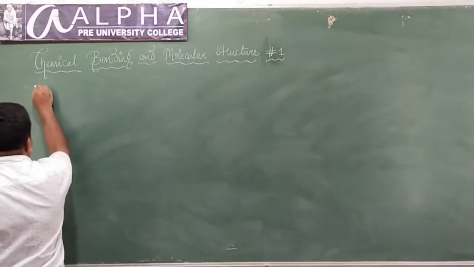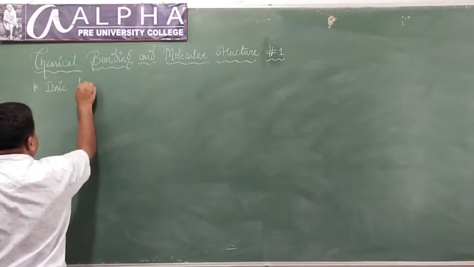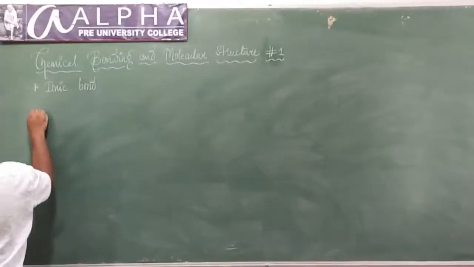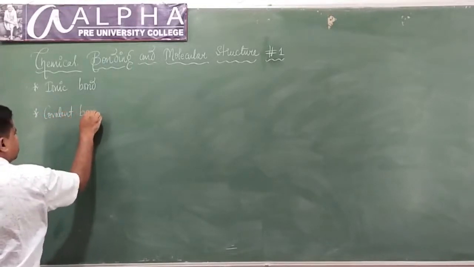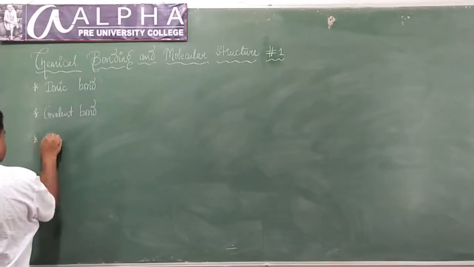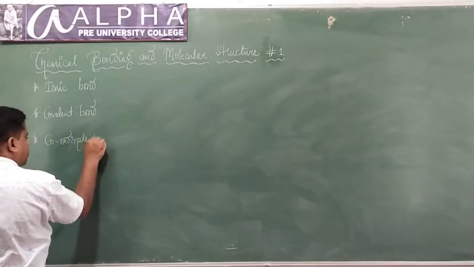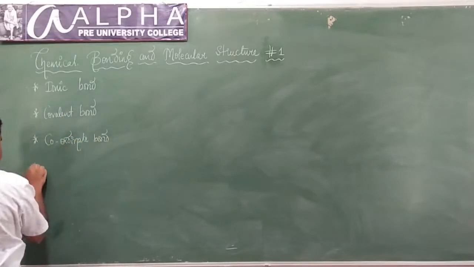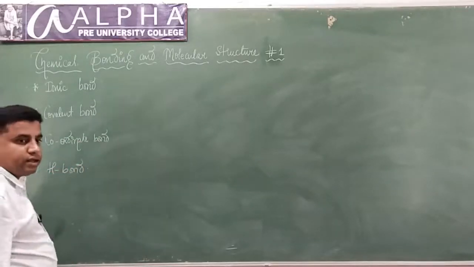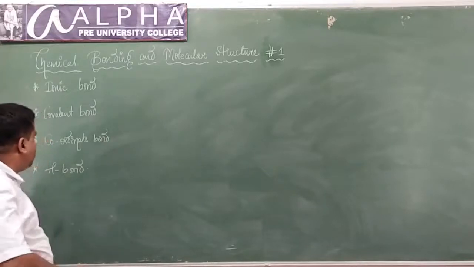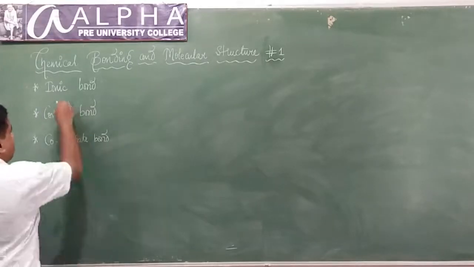As I said, we'll be talking about the ionic bond, then the covalent bond, the coordinate bond, and lastly the hydrogen bond. Ionic bond, covalent bond, coordinate bond, and hydrogen bond.